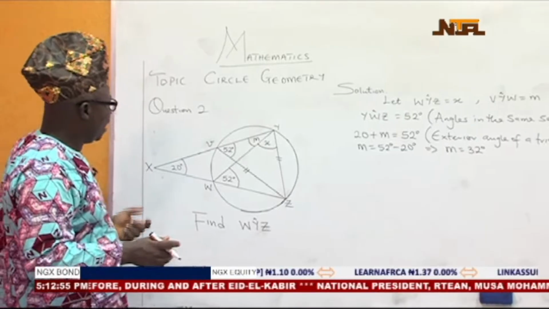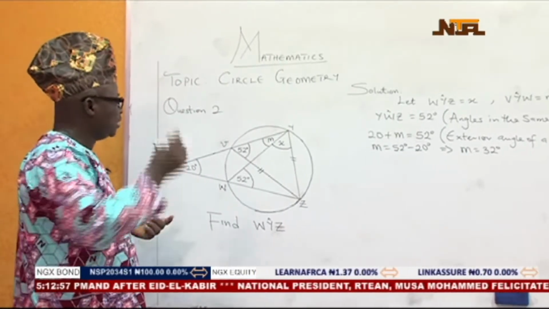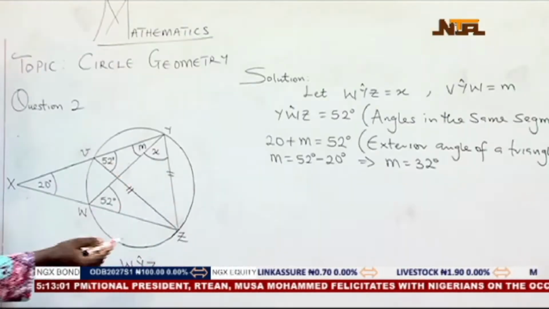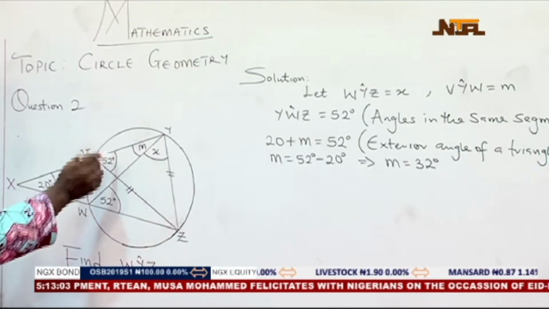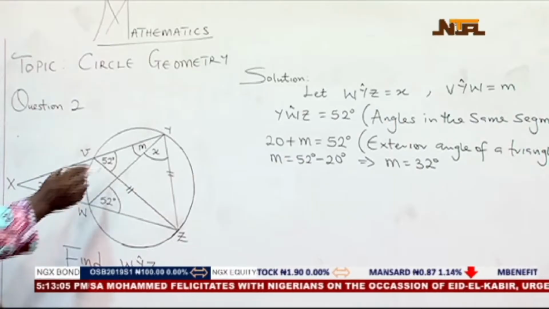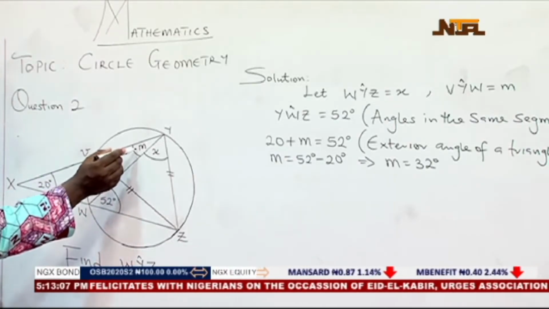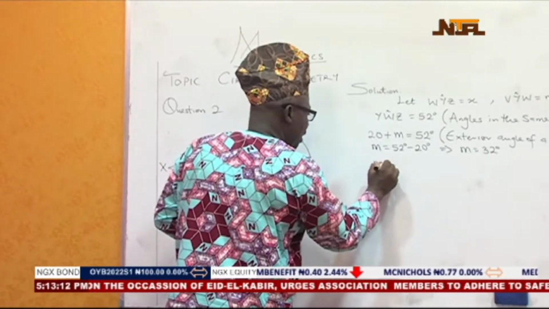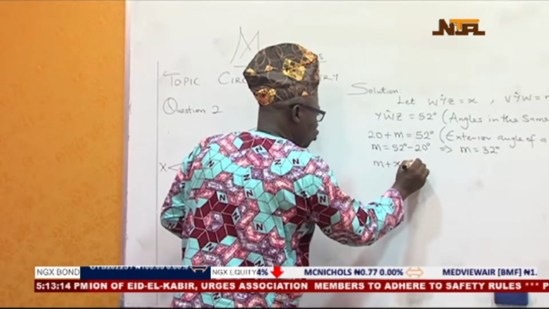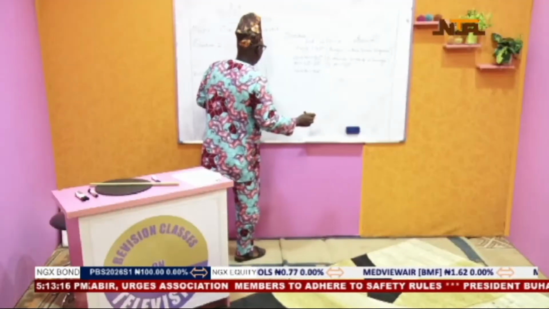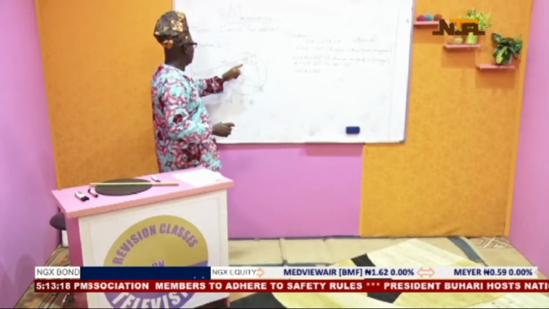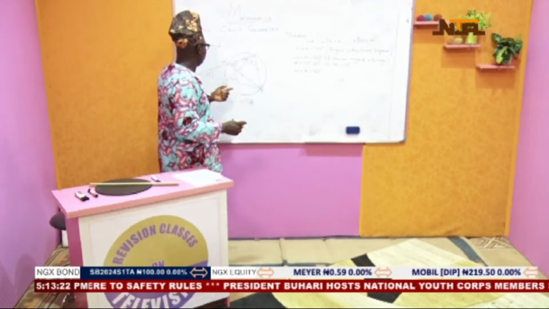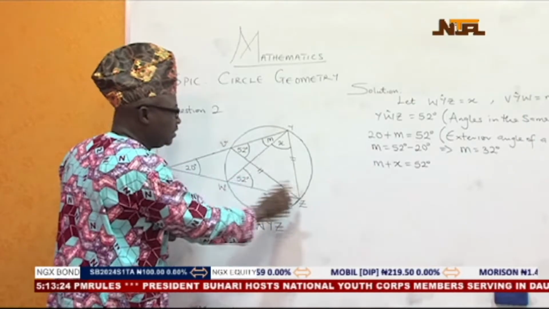Then I'll now go back to the previous point I've made, that this triangle is an isosceles triangle and the base angles are the same. That is 52 degrees is going to be M plus X. So M plus X is going to be 52 degrees. Why are they equal? Because both of them are the base angles of an isosceles triangle VYZ.